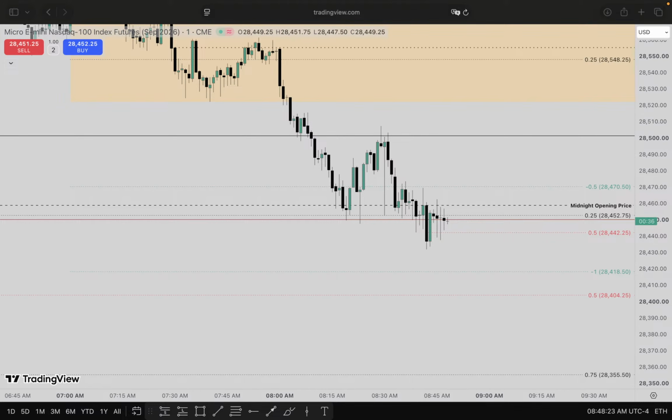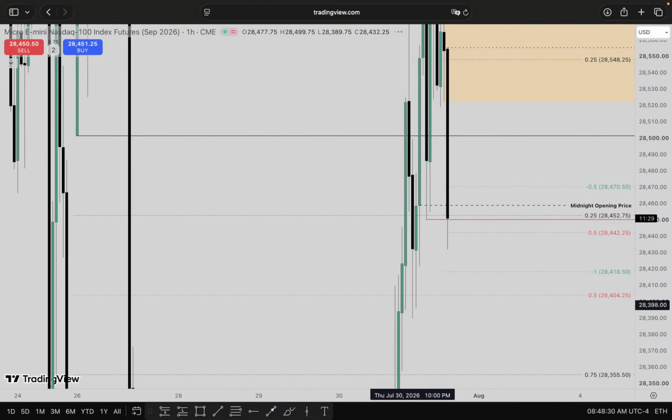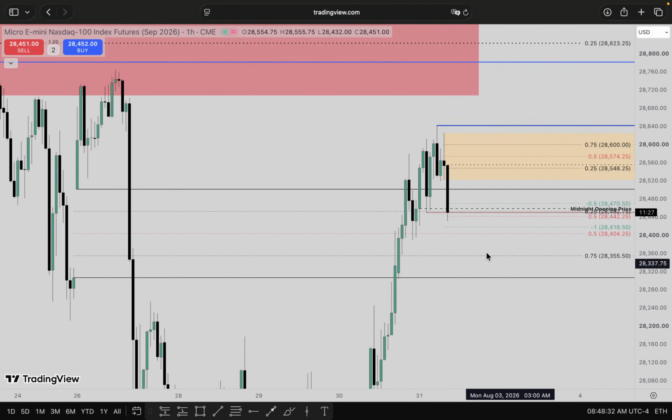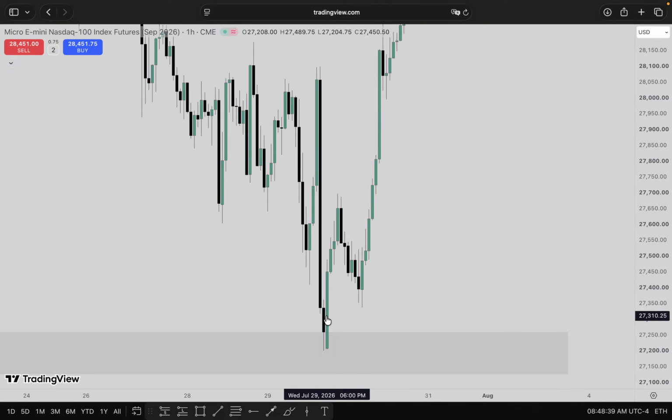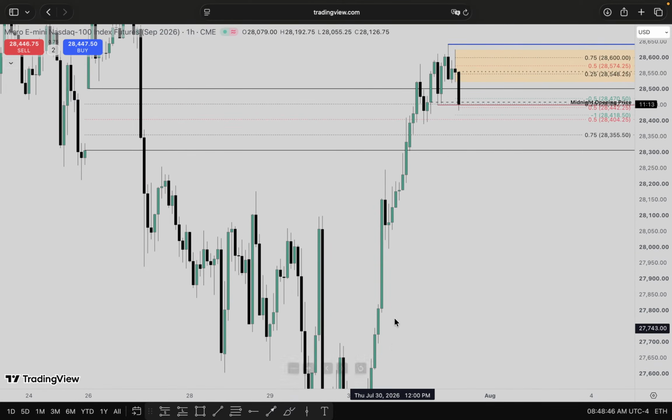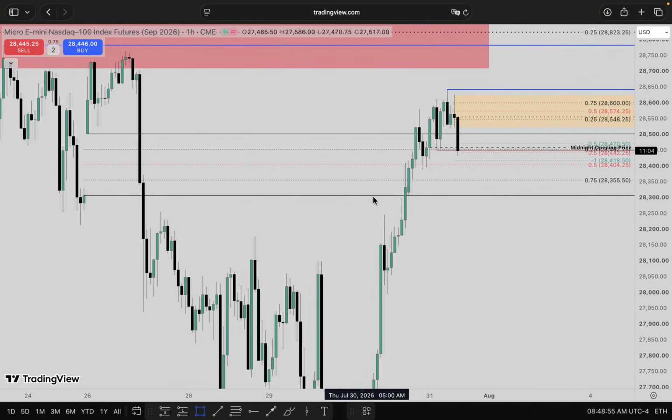And ES is pushing down, so it's pushing down to that current new day opening gap. Next, let me see where it's at for NQ real quick. Current new day opening gap here.